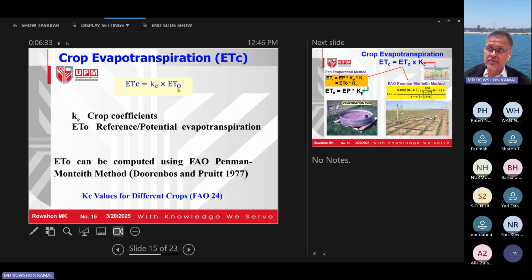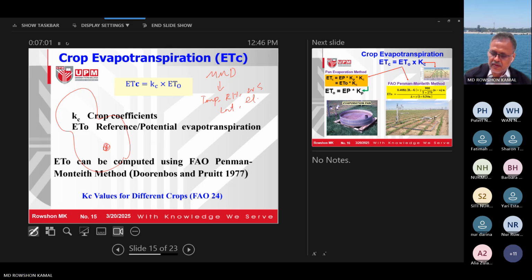So this is mainly if you collect the data from MMD. Now if I ask you how to get the ETo, your answer is you contact the MMD and collect the data: temperature, relative humidity, wind speed, latitude and elevation. Meaning for any area, let's say you want to know the ET here, this place, you have a latitude and an elevation.